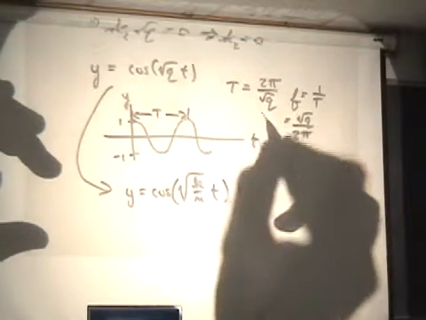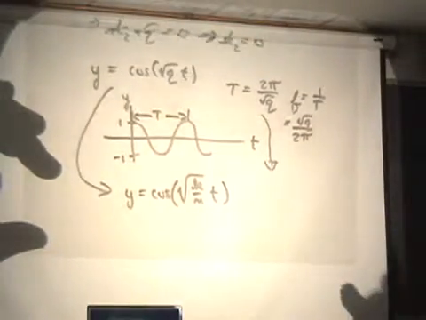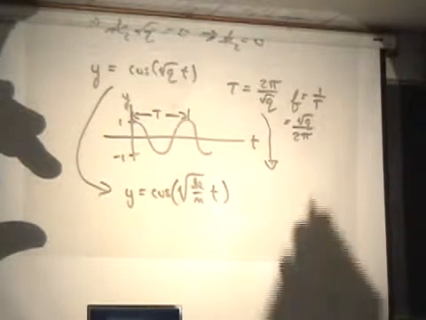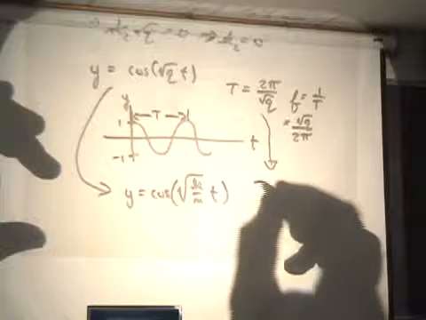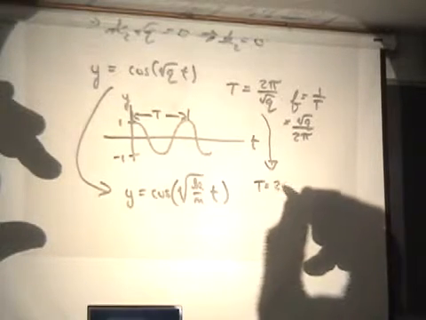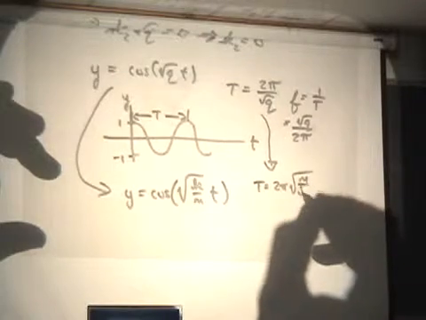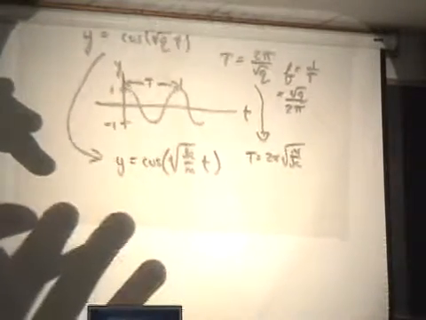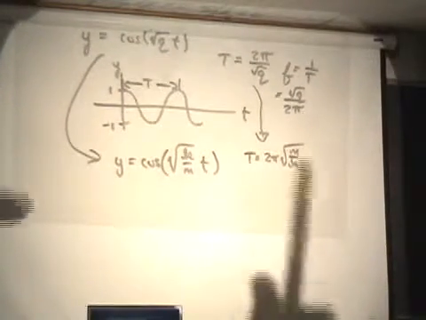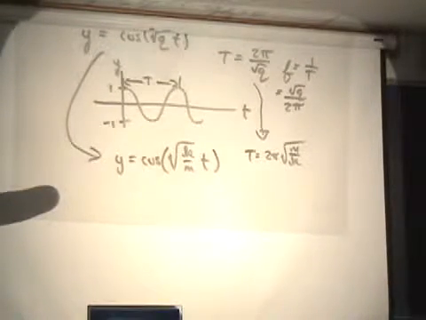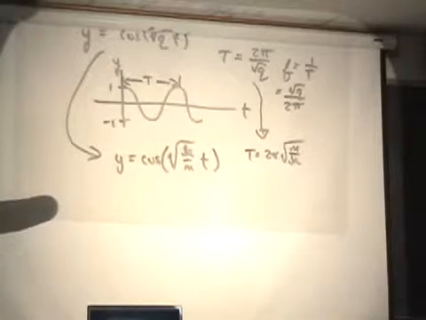The period, which I'm calling capital T, if I plug in q equals k over m and then rearrange the fraction, I could write the period as 2 pi times the square root of m over k, and m over k because the q is in the denominator of the original fraction, and q is k over m.